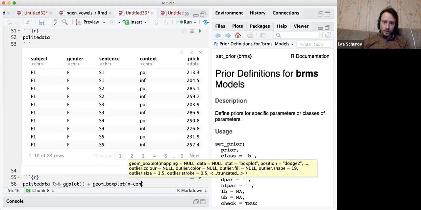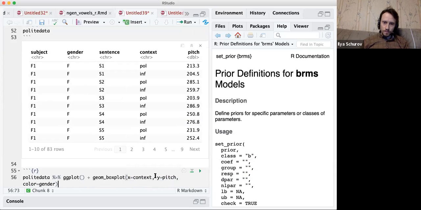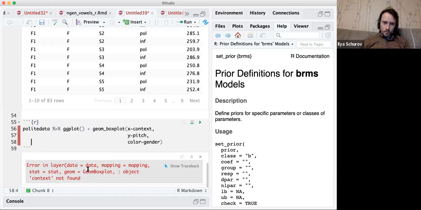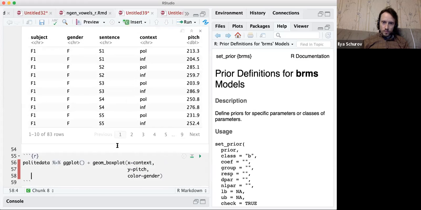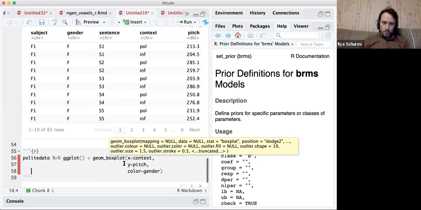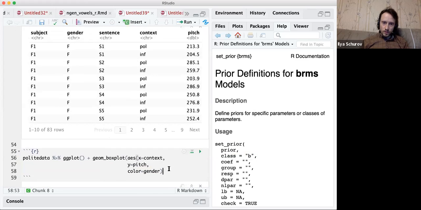So X context, Y pitch, color, gender, for example. We need aesthetics here.